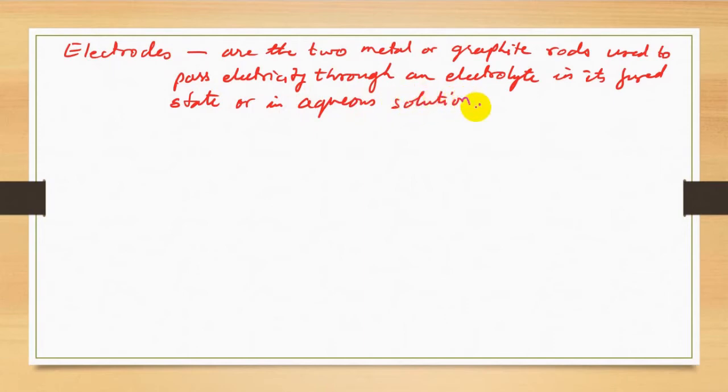So again, we are using two metal rods. It can be graphite rods or it can be metal rods. Clear? So we are using two, isn't it?